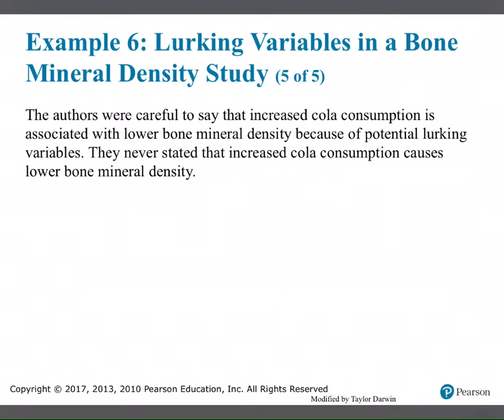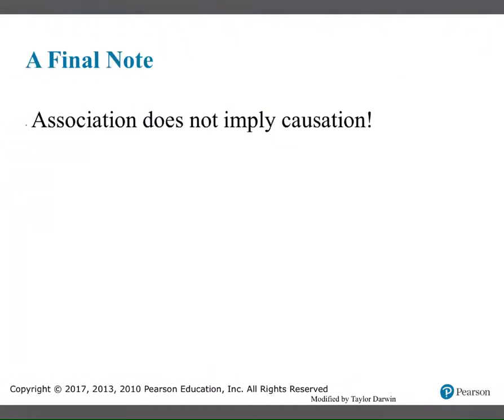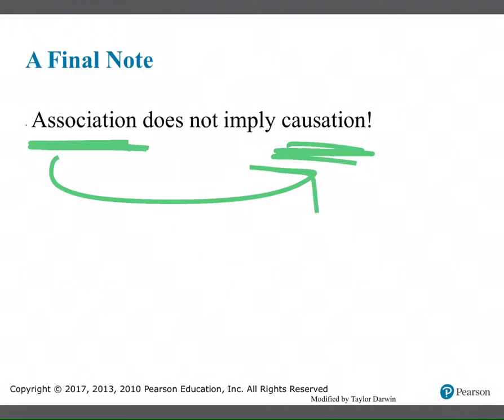They were careful to say that increased cola consumption is associated, and that word is important, associated with lower bone mineral density because of lurking variables. You can't say that this causes this a lot of the time unless you consider every single lurking variable, which is very hard to do. All you need to know is just because they're associated doesn't mean that it causes it. Association does not imply causation.